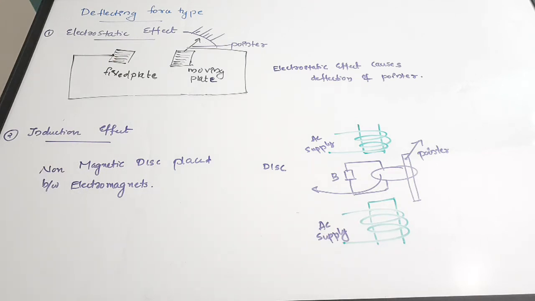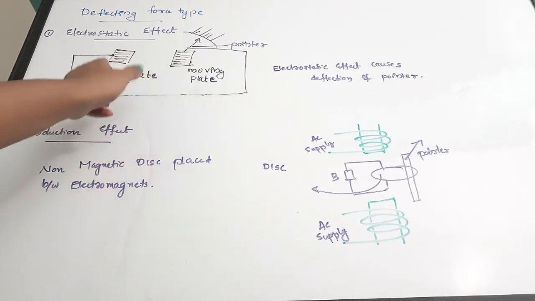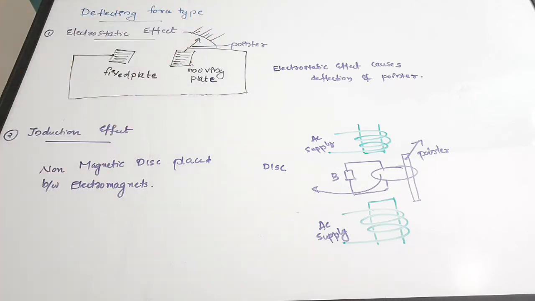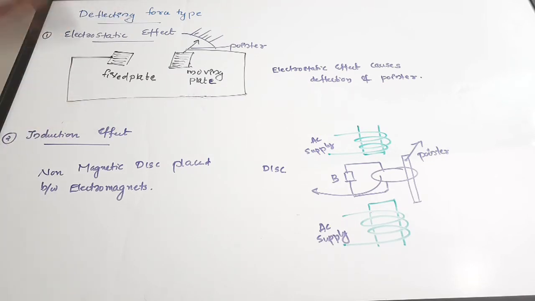They get charged and produce a force, and this force causes the movement of the moving plate, and along with that the pointer also moves. So this is what happens in an electrostatic effect type of indicating instrument. A voltage is applied, and according to that voltage a force is generated which causes the movement of the plate, which in turn causes the movement of the pointer.